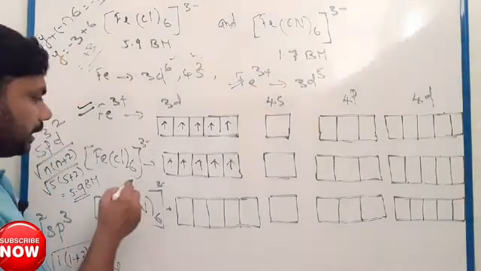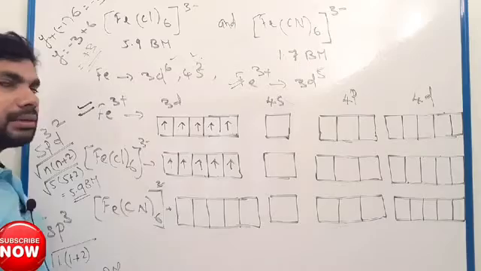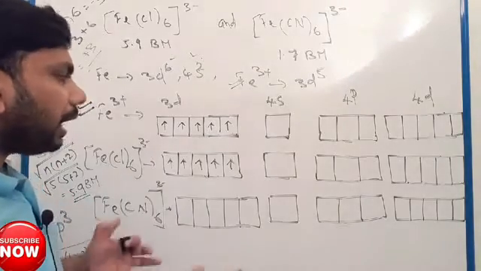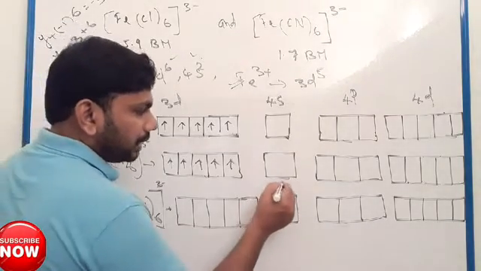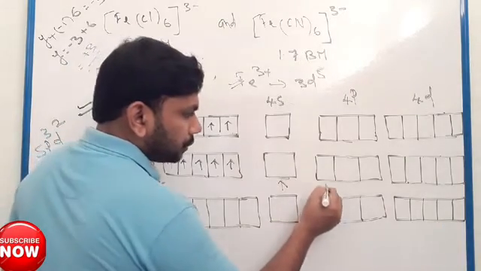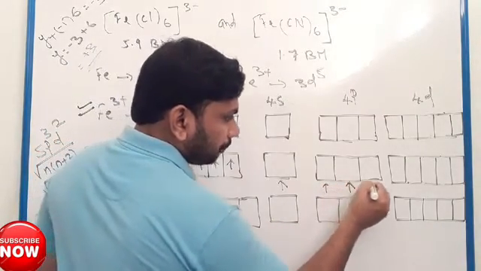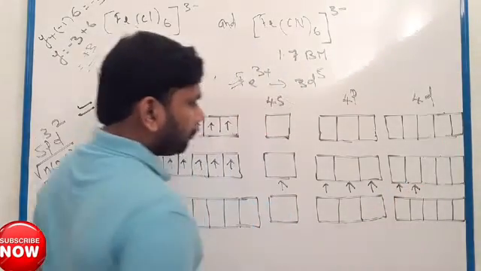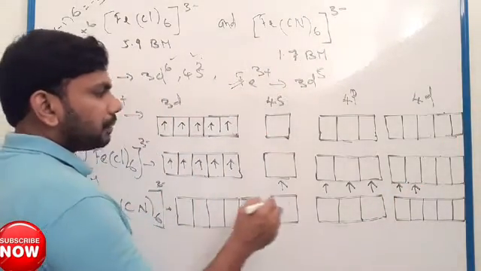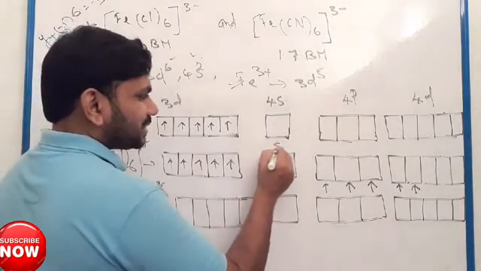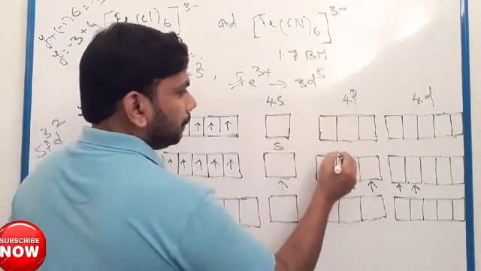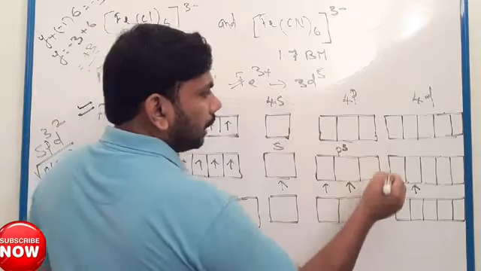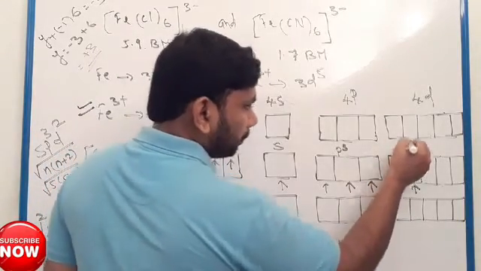So how many ligands are here? 6 chlorine atoms, 6 ligands. During hybridization, 1 ligand over here: 1, 2, 3, 4, 5, 6. So we use 1 s orbital, 3 p orbitals and 2 d orbitals.